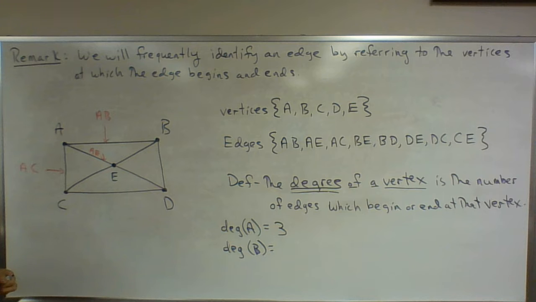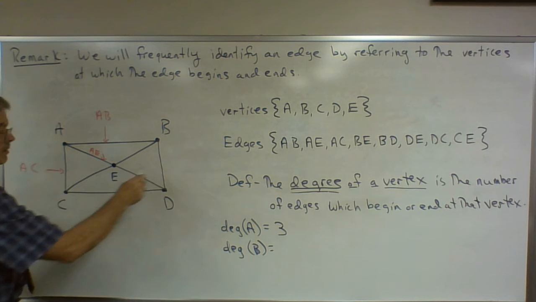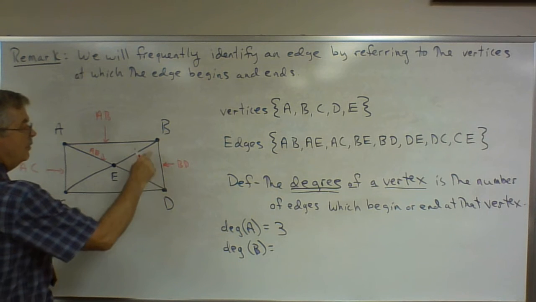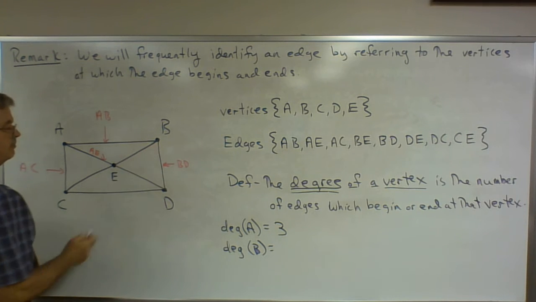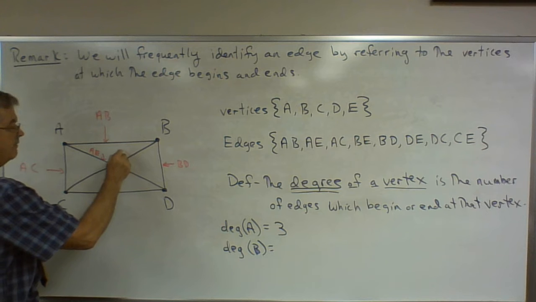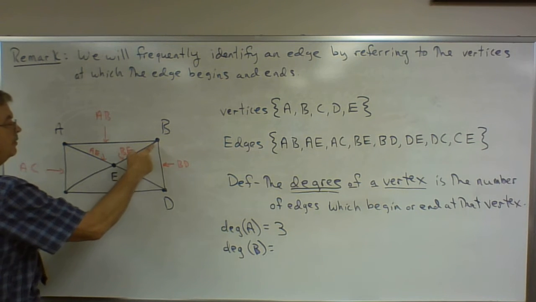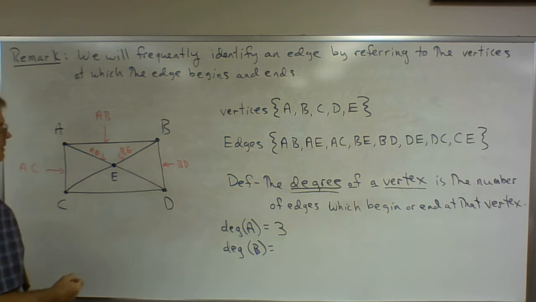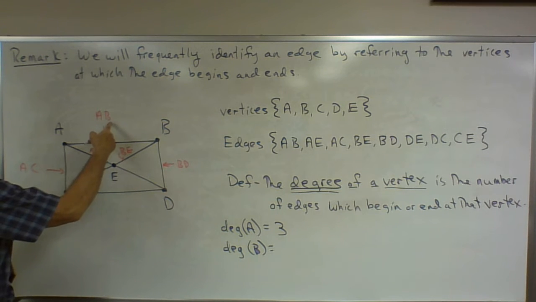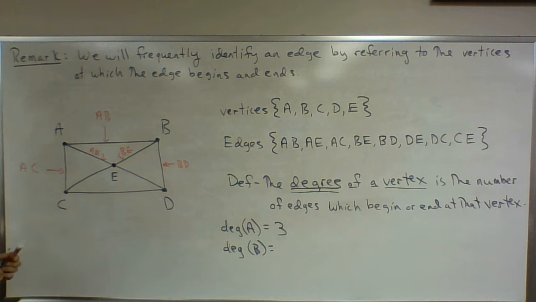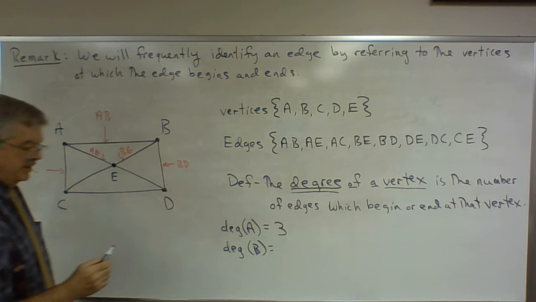We have edge BD, which leaves vertex B. We have edge DE, which leaves vertex B. And we have edge AB, which leaves vertex B.